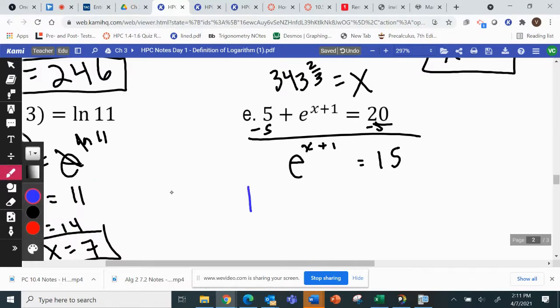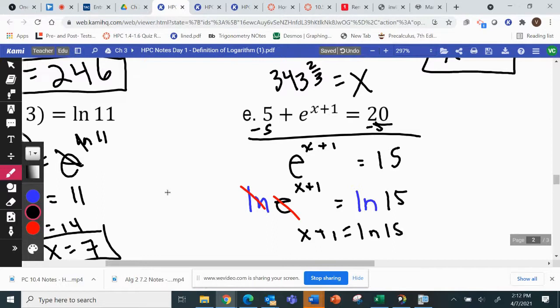I'm going to do ln of e to the x plus 1 and ln of 15. Cancel, cancel. X plus 1 equals ln 15. So x is ln 15 minus 1.